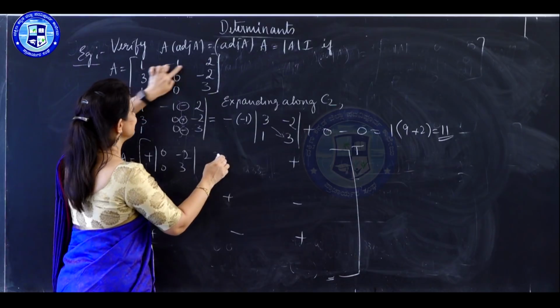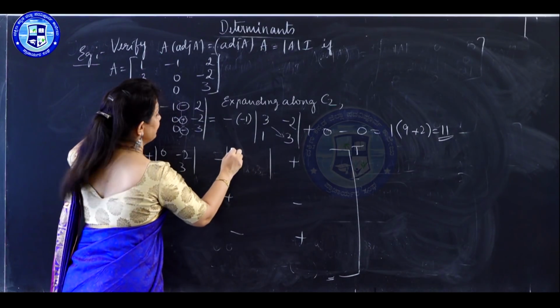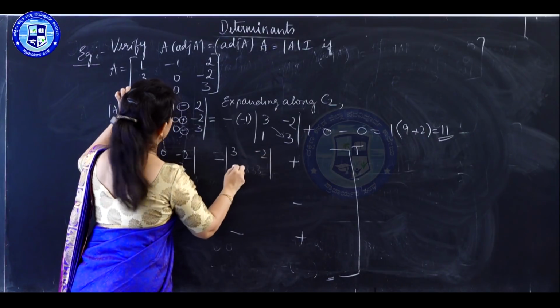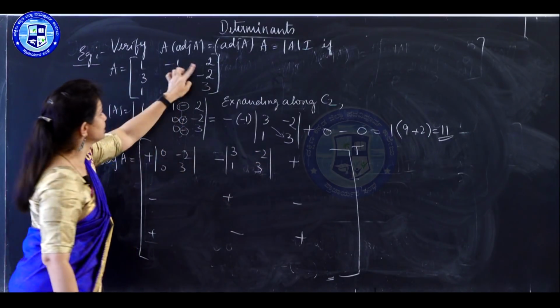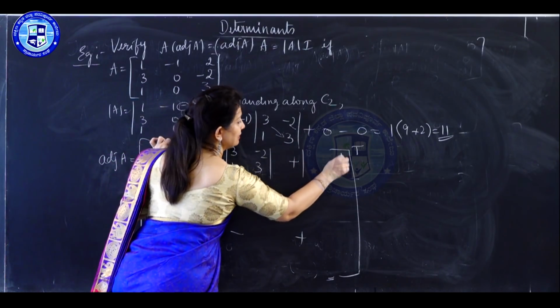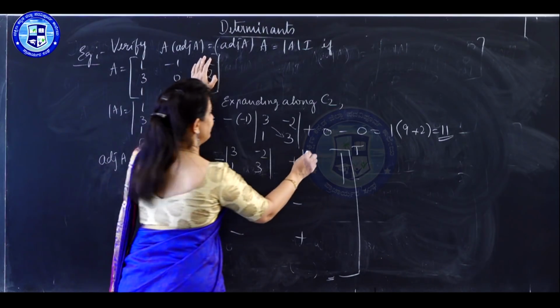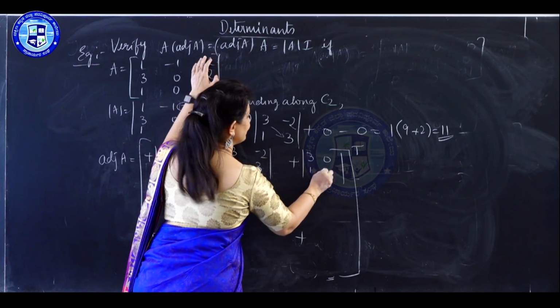Now, delete first row and second column, eliminate that. We get 3, minus 2, 1, 3. Now, the third one, first row and third column when you eliminate, 3, 0, 1, 0.